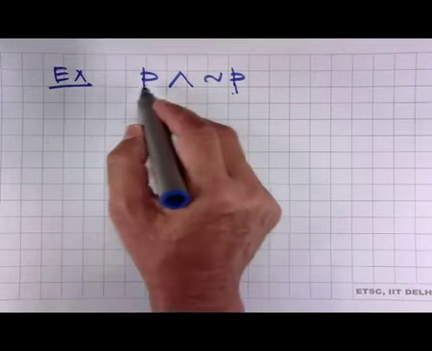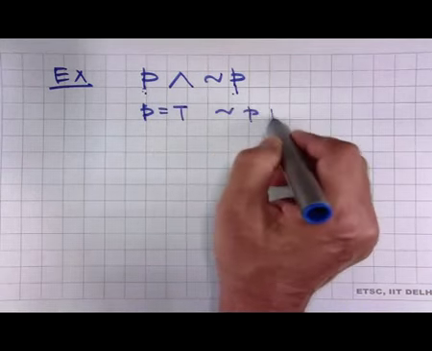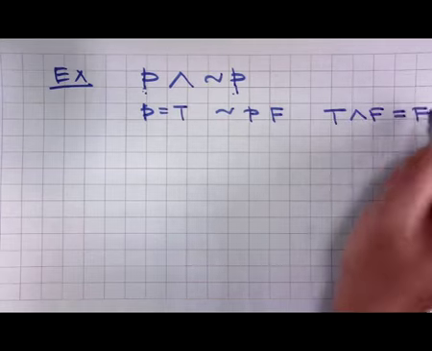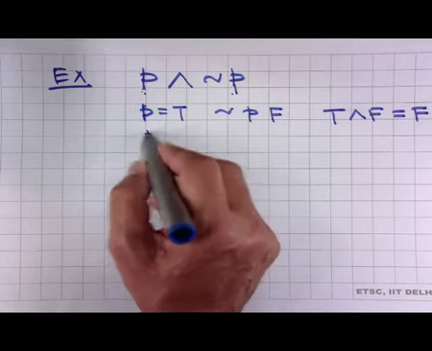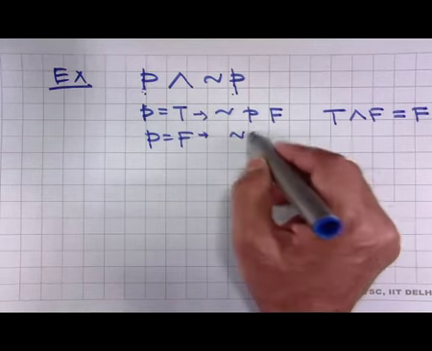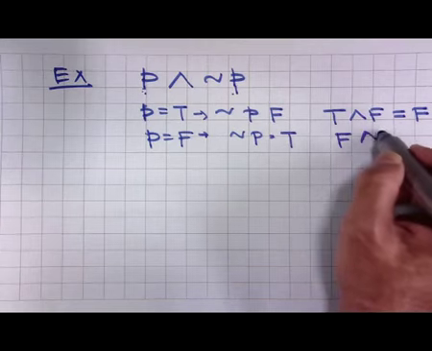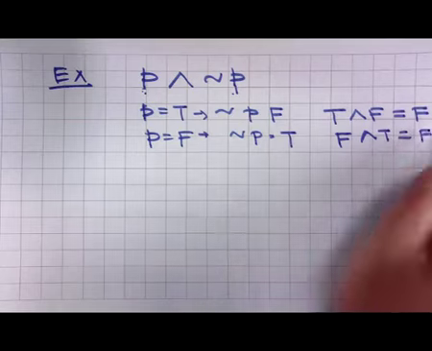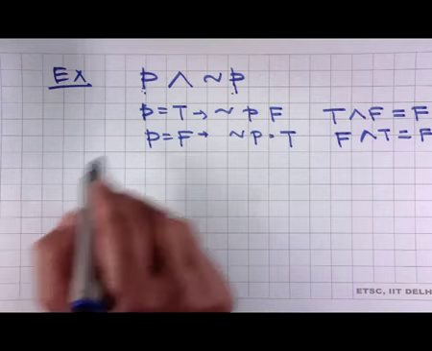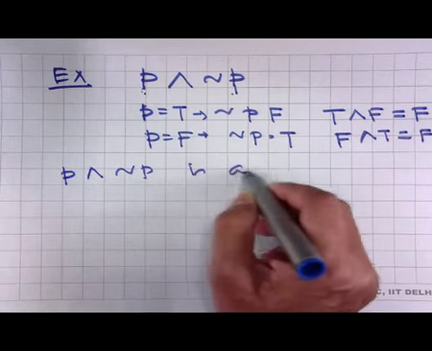But the beauty is that when P is true, then not P is false, and therefore, T and F, we know that already, is F. And if P is false, not P is true, implies F and T is F. Therefore, irrespective of the value of the statement P, we can see that P and not P is always false.